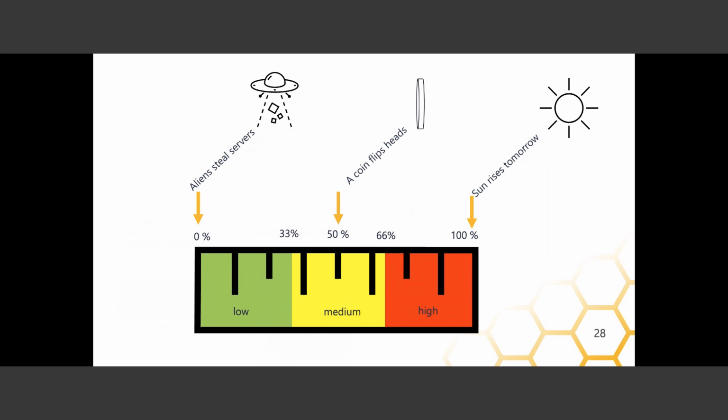So what we're really saying with ordinal scores is that a probability of low is something that we expect to occur 0 to 33% of the time, back in our grade school math terms. A probability of high is something we expect to occur 66 to 100% of the time. And a probability of medium is somewhere in between.